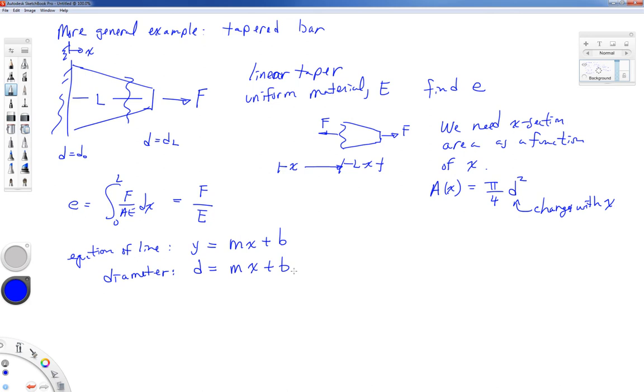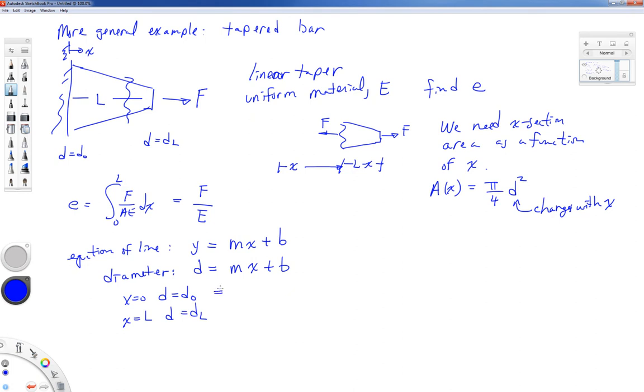In order to find the slope and the intercept, we need to know the diameter at two given positions on this bar. And in this case, we do. We know that at x equal to 0, the diameter is equal to d sub 0, d naught. And on the other side, at x equal to L, the diameter is equal to d sub L. Let's plug these in and see what we get.